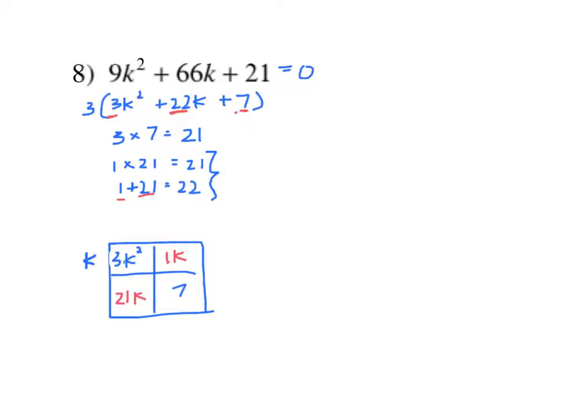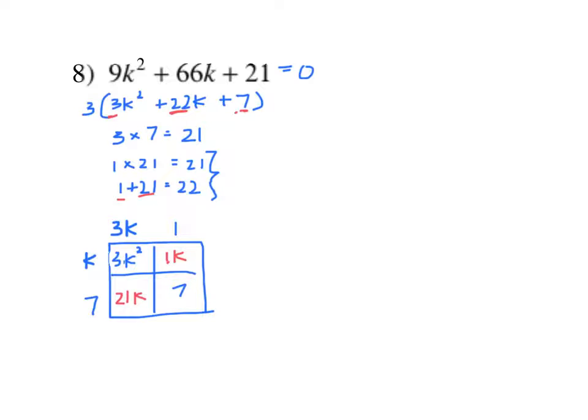So I'm going to put 7 out here. And then if I look at the first column, I can divide 3 and 21 both by 3. And I can divide k squared and k both by k. And then looking at the last column here, I can divide 1k and 7 by, well, the only thing I can divide by is 1. That's the only common factor that they have.